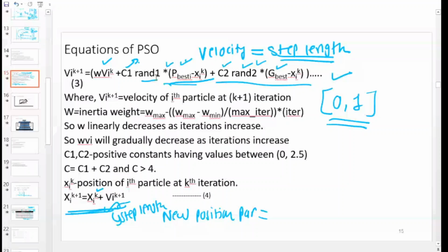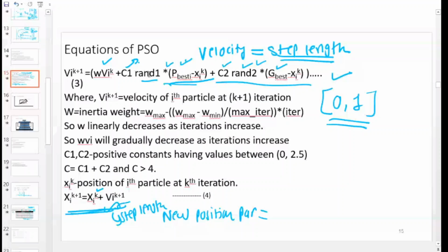It means this random number will determine the pulling of this particle towards its personal best position. If the random number is 1, then there is maximum pulling. And if the random number is 0, then 0 into this subtracted value is 0, so there is no pulling.